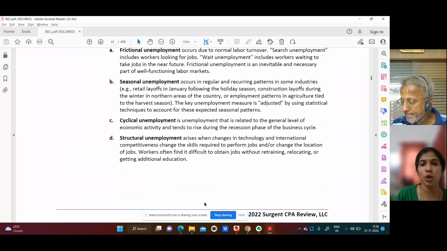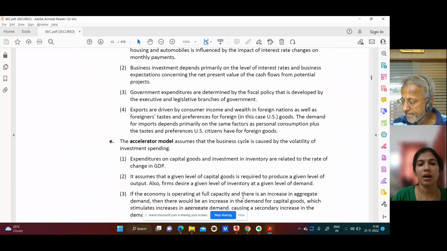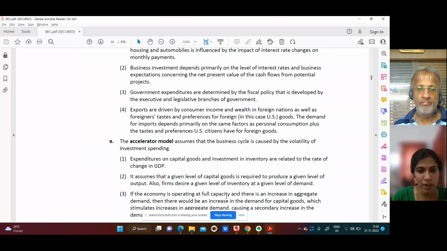If you look at the correlation between your capital goods and investment in inventory, you can see that at a given level of capital goods, if you increase the capital investment in capital goods, what is going to happen? The production itself is going to increase, right? So the economy is operating at full capacity.